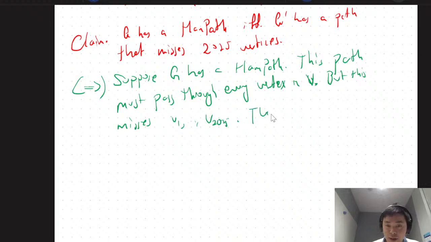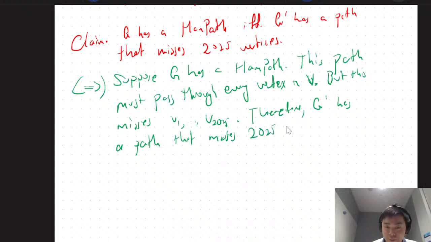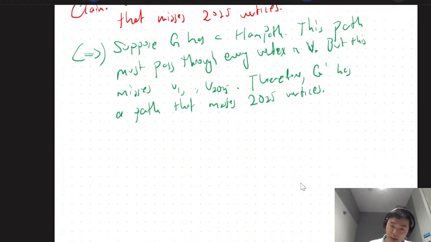So therefore, G prime has a path that misses 2025 vertices. Cool. So that is the forward direction, where if your graph has a Hamiltonian path, then the same path that you use must actually miss all 2025 new vertices.